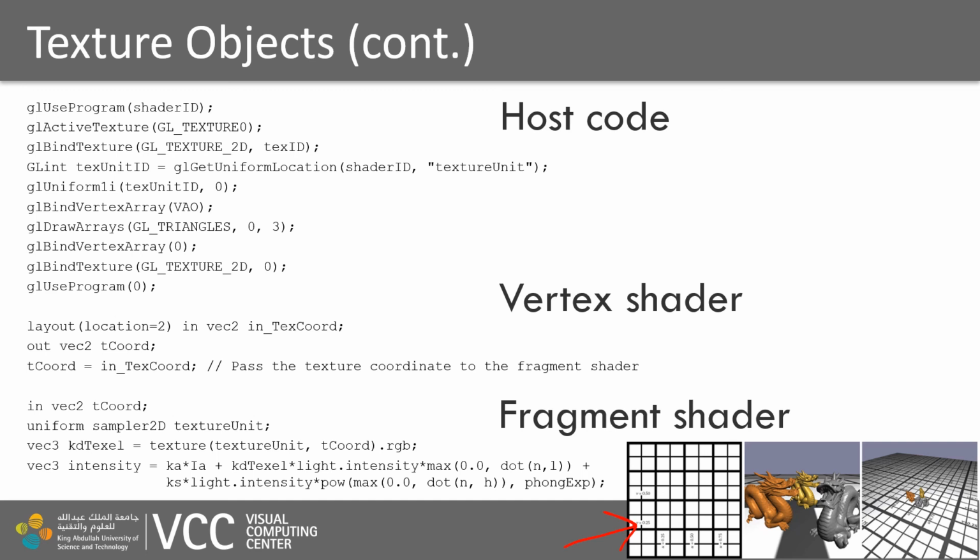So for that, we need to set up the texture on the host side. Remember, we have just defined the texture, but now we need to define an identifier with which we will access this texture in the shader. So in the shader ID, we need to define which texture unit we will use for binding our particular texture.